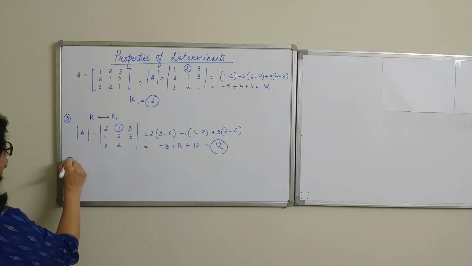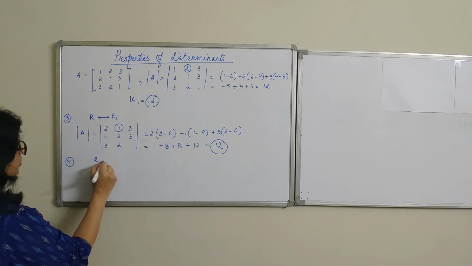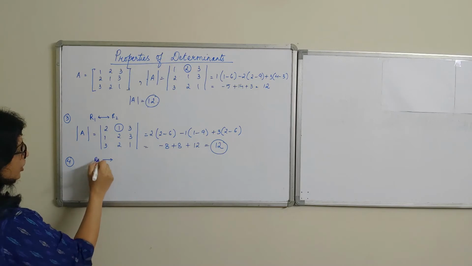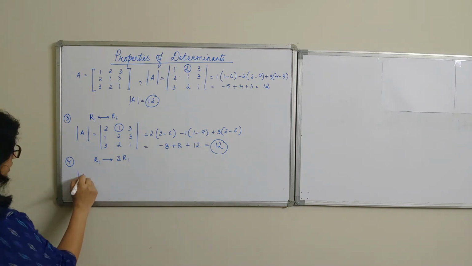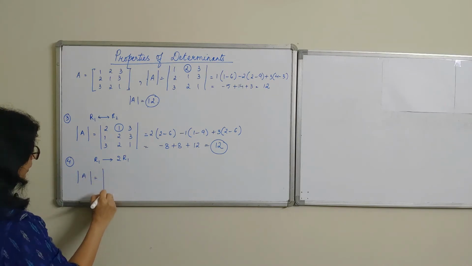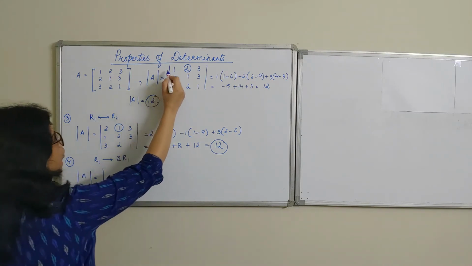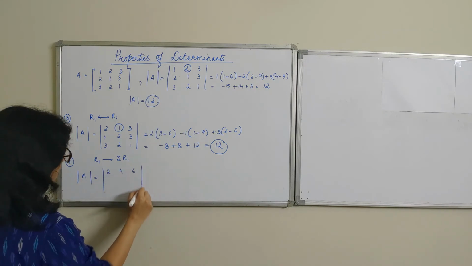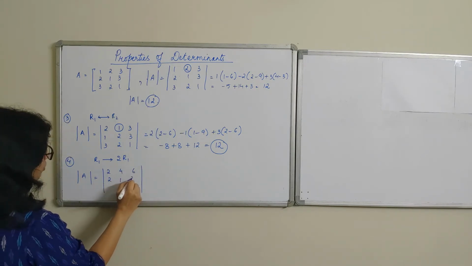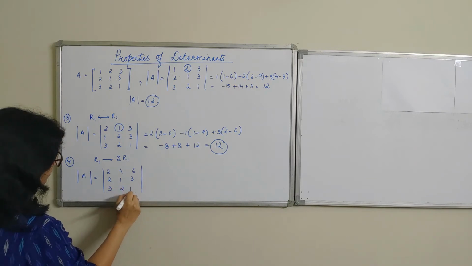The other kind of operations, row operation we have studied is, suppose we are making changes in row 1 as twice of R1. In that case, the determinant, first row is multiplied by 2. Here is the first row, multiplying by 2, we get 2, 4, 6. The second row and the third row remain the same.